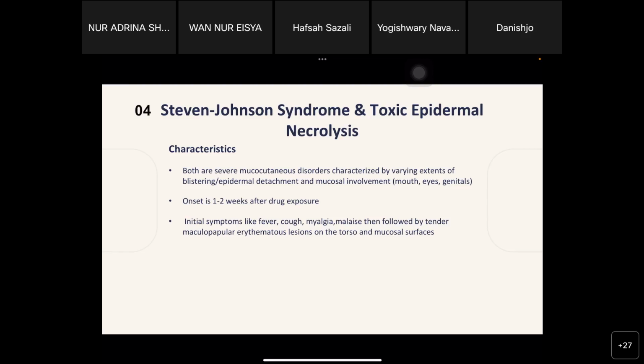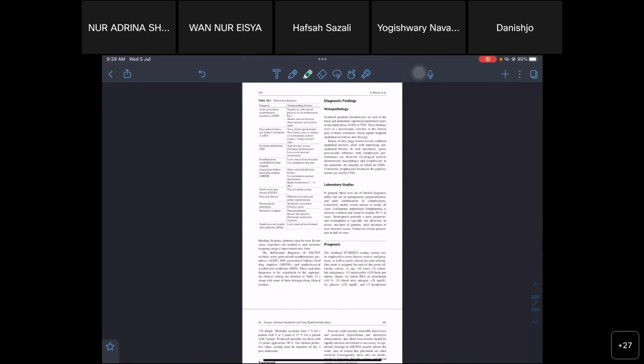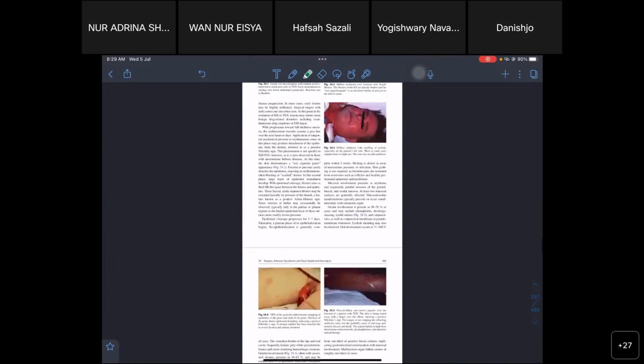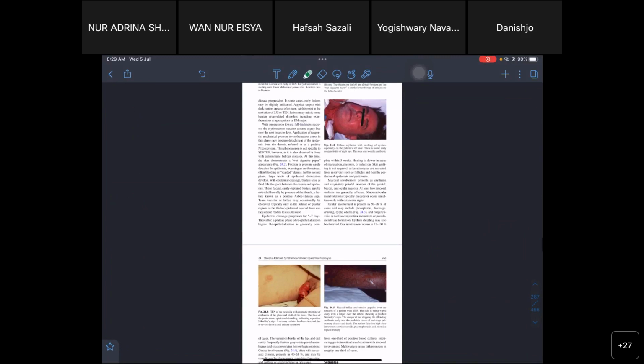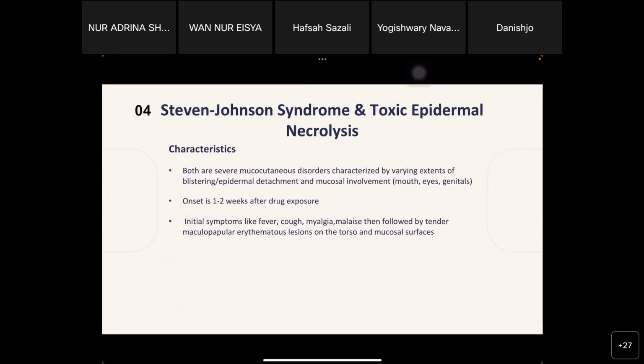But usually they're tender, and they develop this sign called Nikolsky sign, which is blistering or erosion occurring when you apply gentle rubbing on the skin. So these are the important features of SJS or TEN.